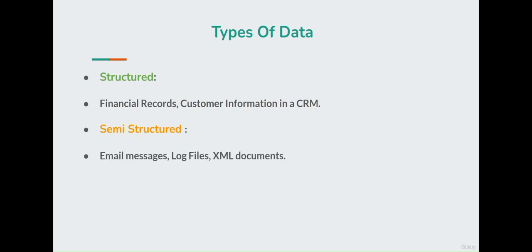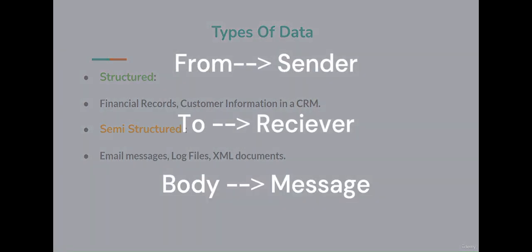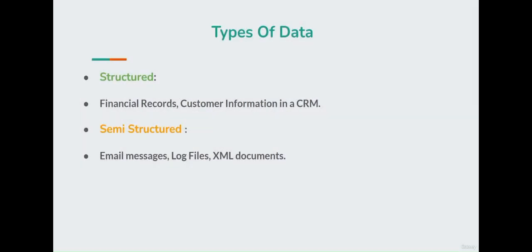For example, we can have email messages, log files, and XML documents. In an email message, the structured elements are from, which contains who is sending the email, to, the recipients of that email, and body. But the body can have anything inside it, which is unstructured.